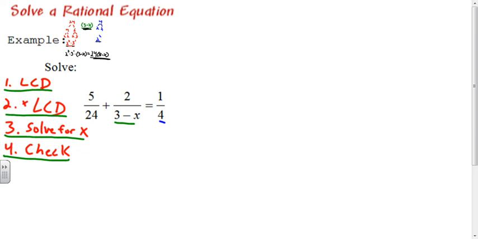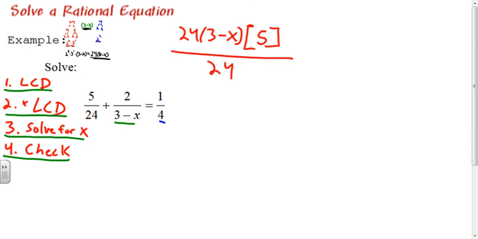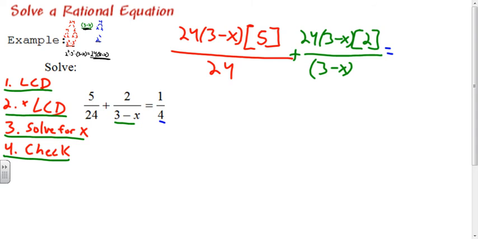That would give us 24 times 3 minus x, times our first piece, which was 5 over 24, plus 24 times 3 minus x times 2 over 3 minus x, and it equals 24 times 3 minus x, times 1 over 4.